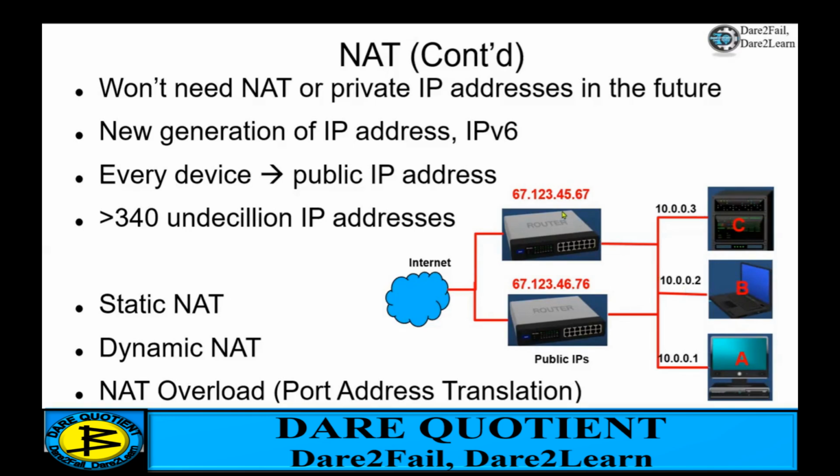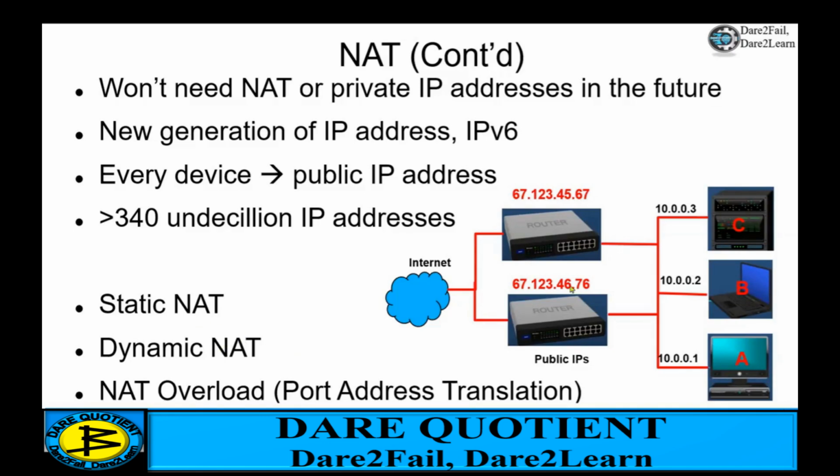At one point, the request might go through the first router, 6.123.45.67. The next time, if that router is busy, the request will go through the other public IP, 67.123.46.76. This is done based on the availability of the public IP address, so it changes over time and is not consistent.